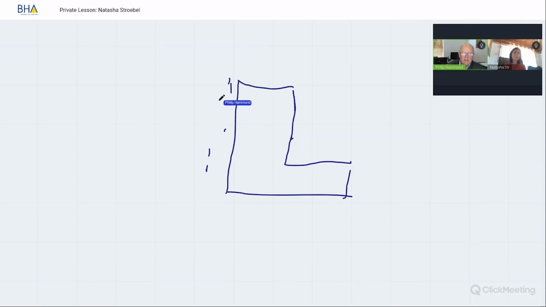In this particular instance, this was 45, and this width was 20, and this width was also 20, and this side here was 20.